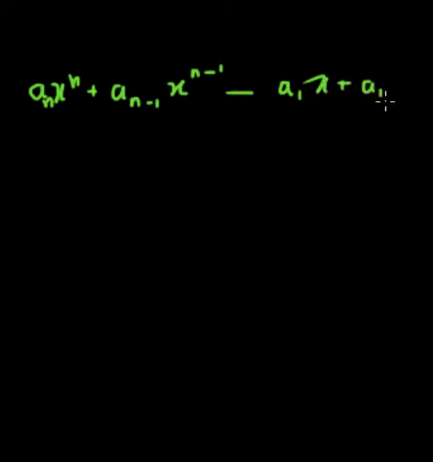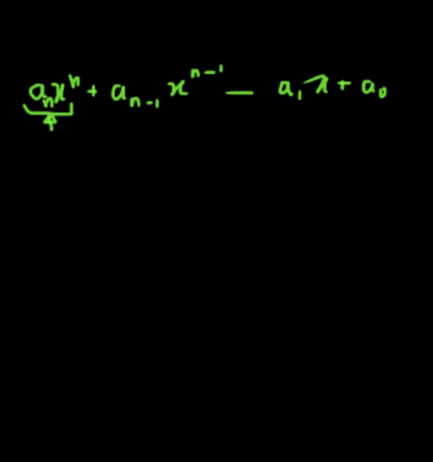So usually we write polynomials as a_n x to the power of n plus a_(n-1) x to the power of n minus 1, and so on till you get a1x plus a0, which is a constant in this case. And so in this case, this would be the leading coefficient, a_n x to the power of n.